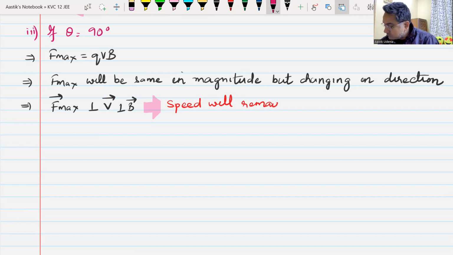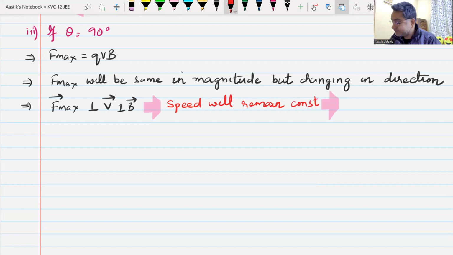Yes, sir. Speed will remain constant, but something will change. What will change? Speed remains constant, but what will change? Direction.